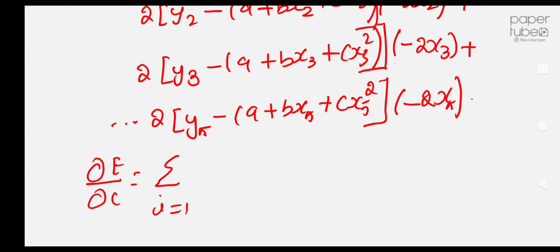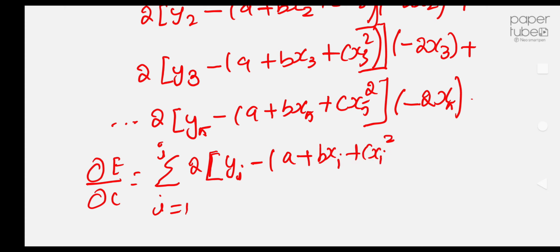i equal to 1 to I, and it will be equal to 2 multiplied by (yi - (a + bxi + cxi²)) multiplied by minus 2xi.